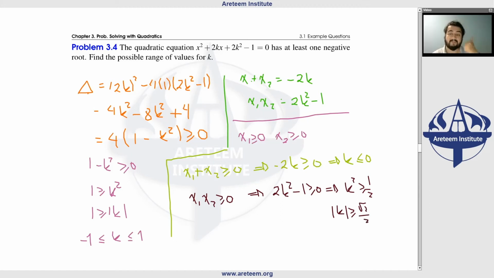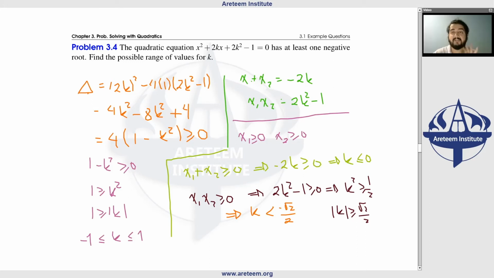Okay, so we have k is negative and absolute value of k is at least root 2 over 2. So that means altogether k has to be less than minus root 2 over 2.